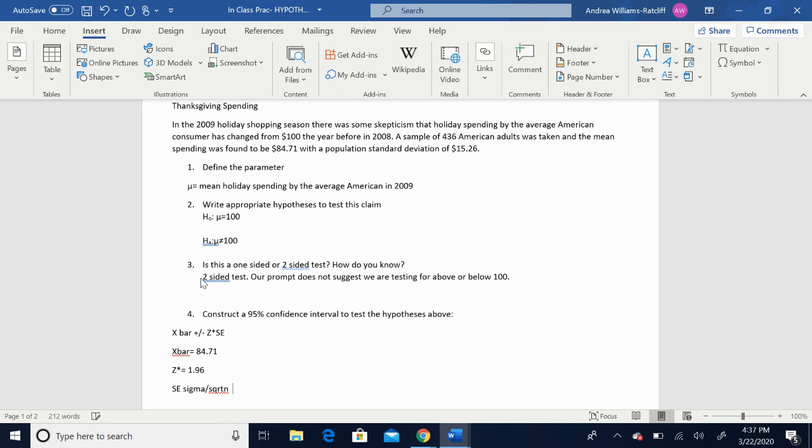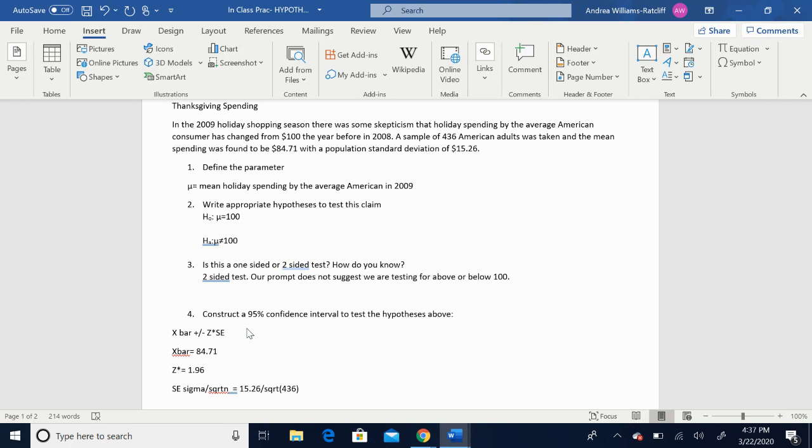In this case, sigma is our standard deviation of 15.26, over the square root of n, which is 436 Americans. So we've pulled out all of our information. Let's go over here and start crunching some numbers.